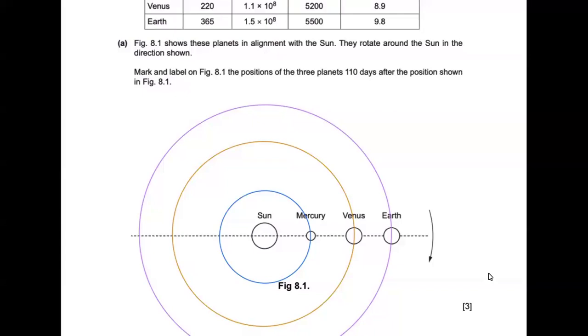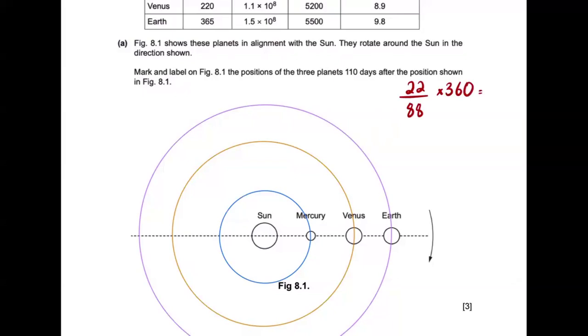So 22 days are in excess. So 22 as a fraction of its time period, which is 88, is the excess. So it would cover an angle in direct proportion. So this gives us the angle that it would cover, right?